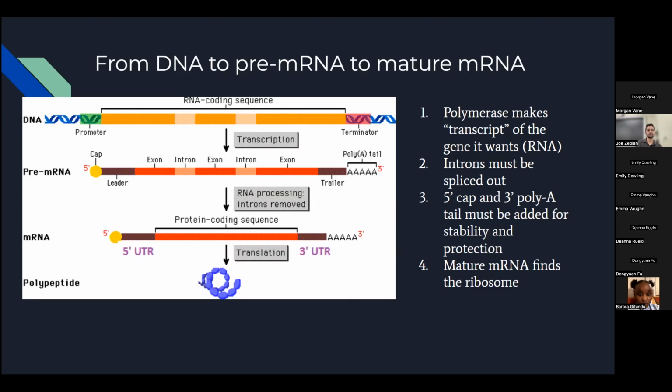Yes, there's also the UTRs, better known as the untranslated regions. An important distinction to make: UTRs are transcribed, but they are not translated, as their name suggests. The 5' UTR contains, I believe, the ribosome binding site.